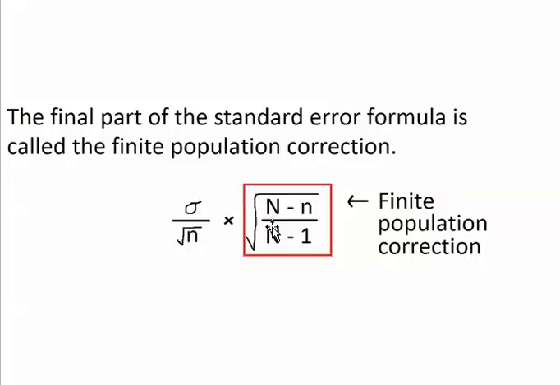And the general guideline is that if the population is at least 20 times larger than the sample, then this finite population correction can be dropped off, and you can just use this to get the standard error. If the population is 20 times larger than the sample, then this becomes the standard error formula.